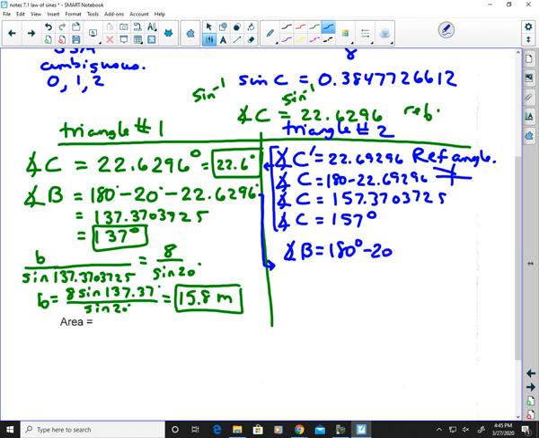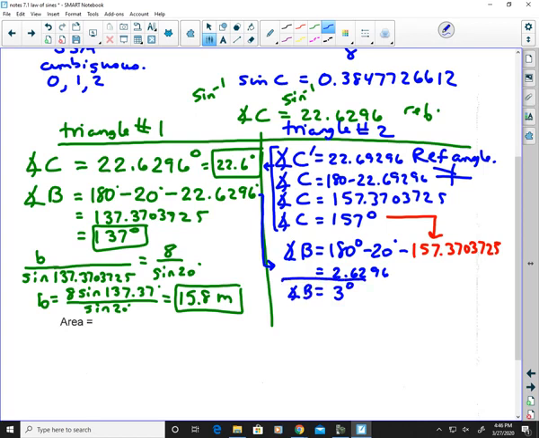Minus 20 minus, now the 157 needs to come down. My angle B is going to be 2.6296, so let's call that 3 degrees. That's angle B.